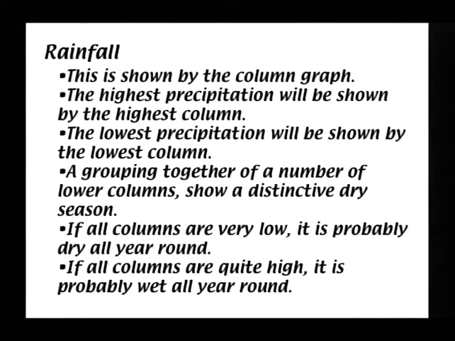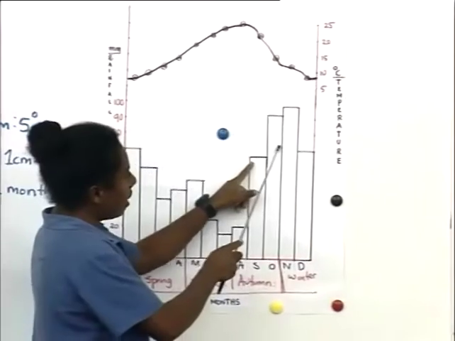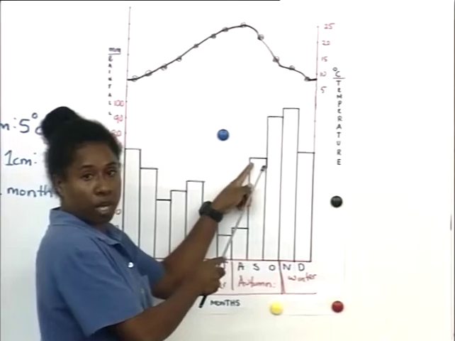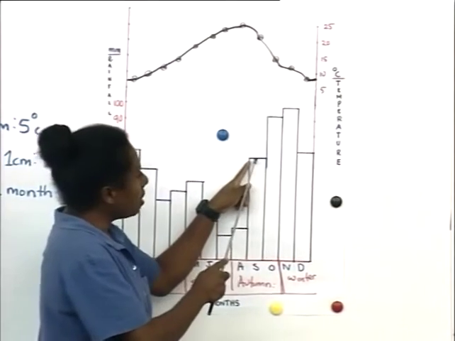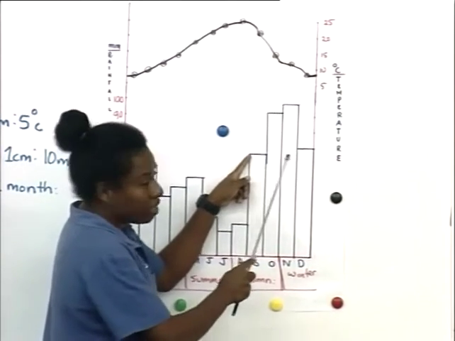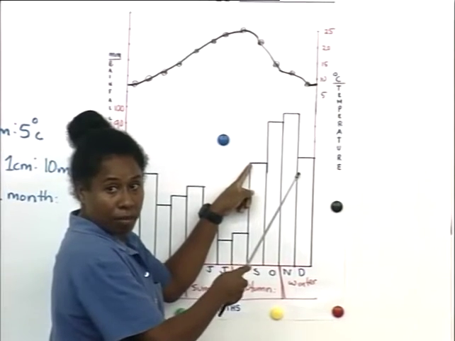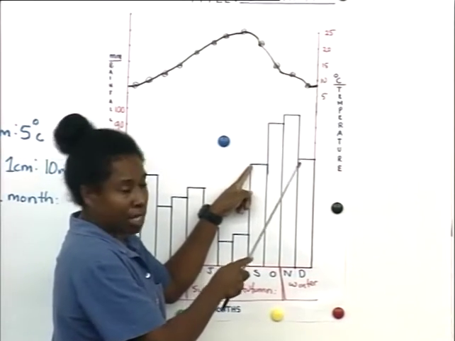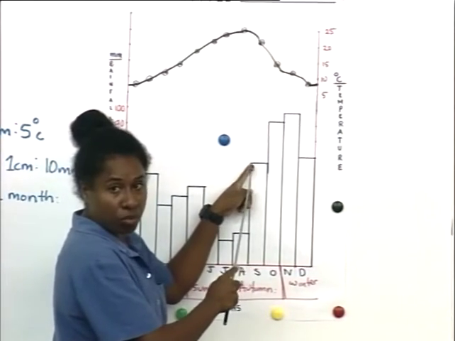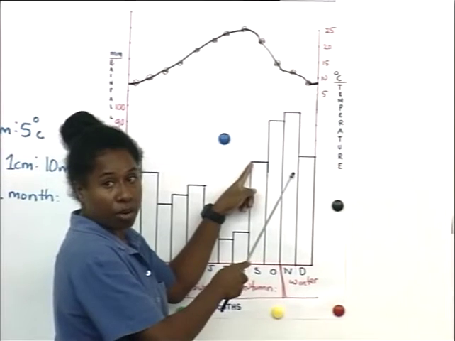Another important point to do with rainfall: a grouping together of a number of higher columns will show a distinctive wet season. So say, for example, these are high rainfalls. If they are grouped together, then we can say that these are the wet season, but it is also distinctive because we have a couple of high columns shown together.